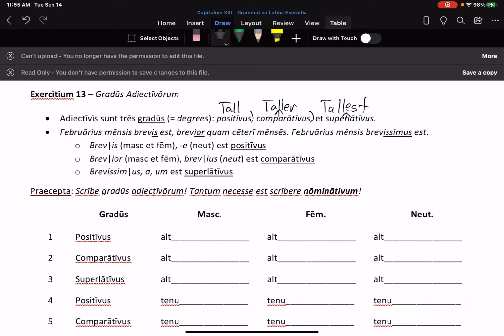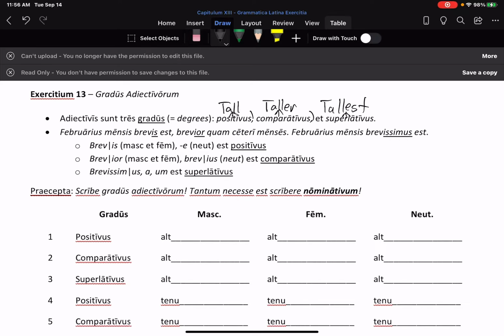And in Latin, these different degrees have slightly different endings. We're going to go over what those endings are and examples of when the different degrees are used. The first one that we're given is brevis, which means short.